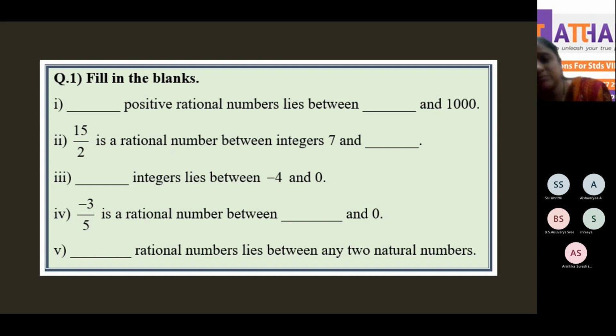Dash positive rational numbers lie between dash and dash. Dash and 1000. This is so big.